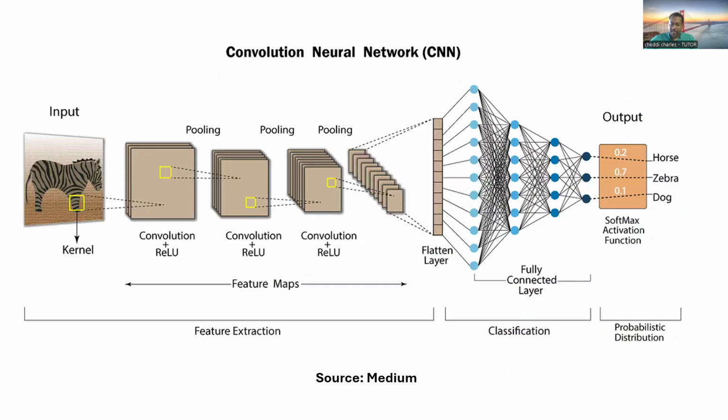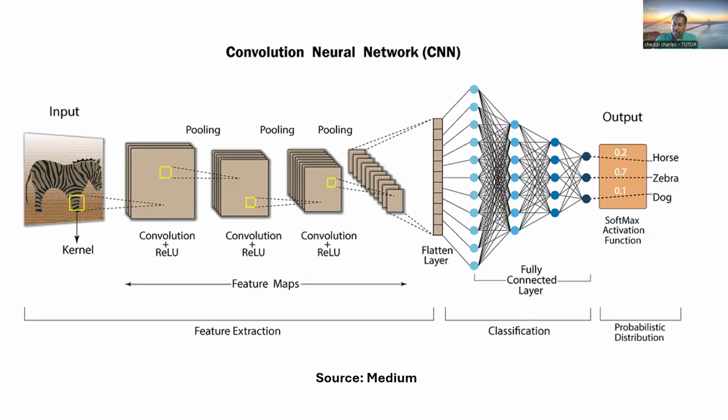Since this dataset is centered on understanding convolutional neural networks, which are very specialized in image recognition, I'm just going to have a little conversation on that. First of all, this is just a quick demonstration taken from the source Medium.